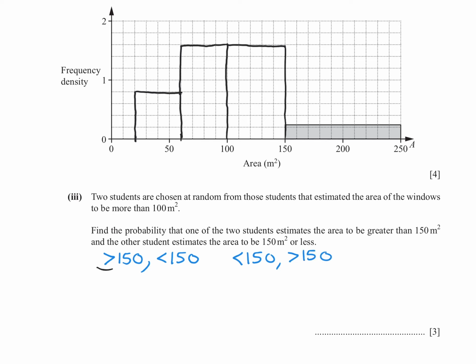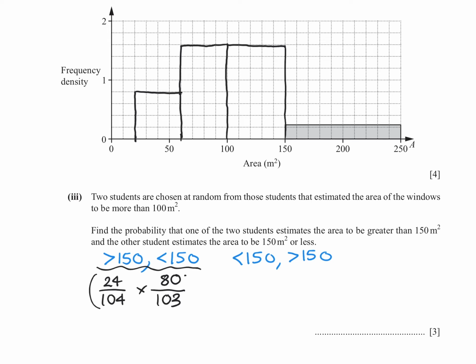For the first situation, the probability of choosing a student that estimates the window to be greater first would be 24 over 104. And then when we're choosing the second student, we now have 103 students left.